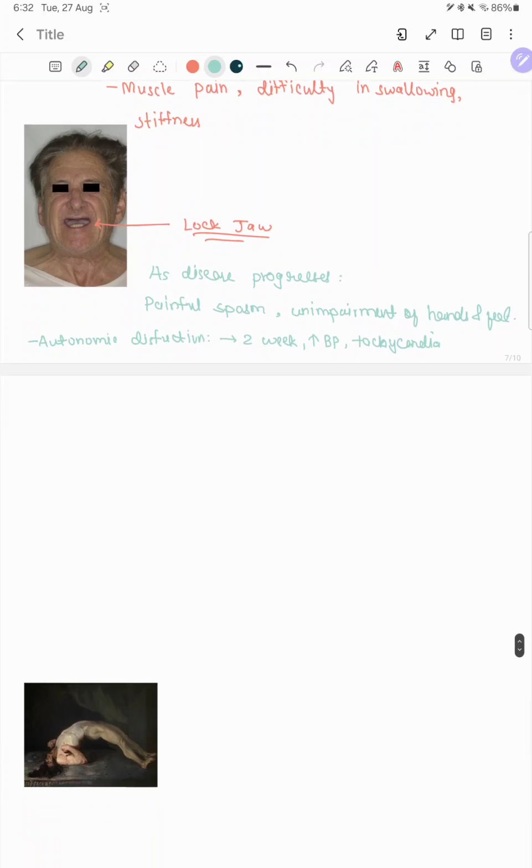now we're going to see the complications. The first is going to be Risus sardonicus.